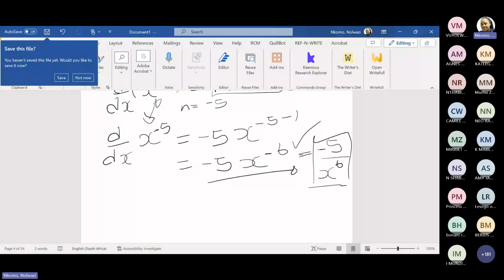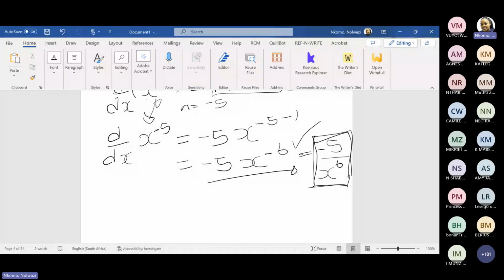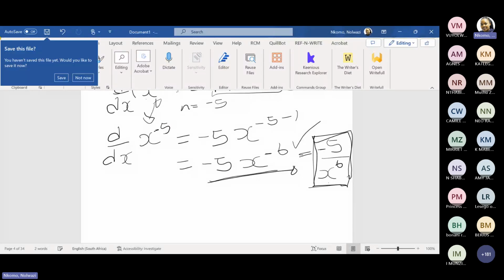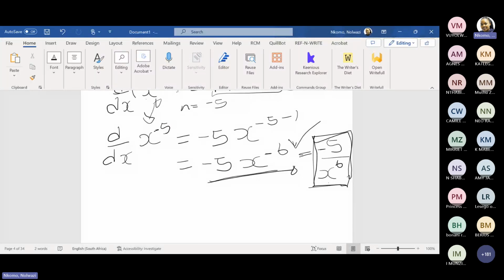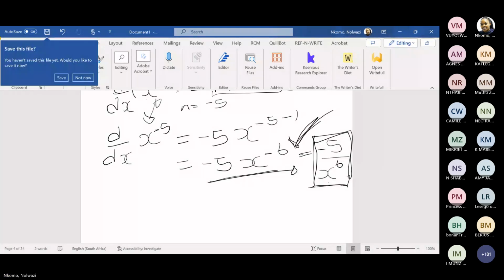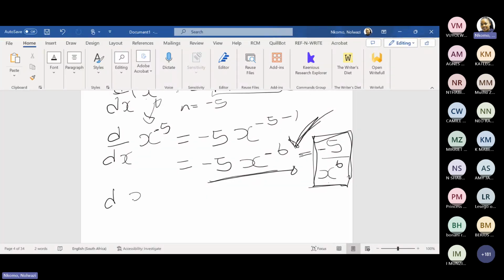But if you go back to type 8, where they introduced you to the laws of exponent, you can use those laws here and write this like this. But for me, it's fine. You can leave it like this. It's okay.